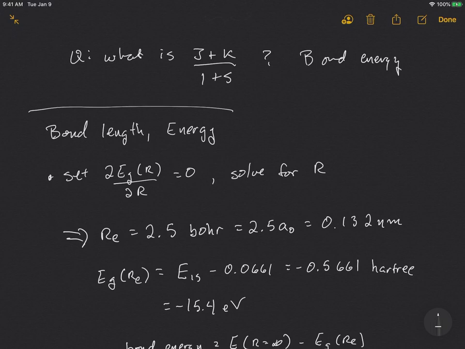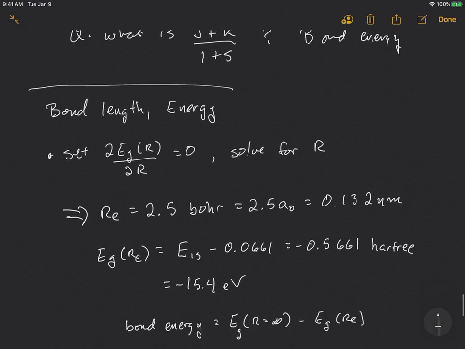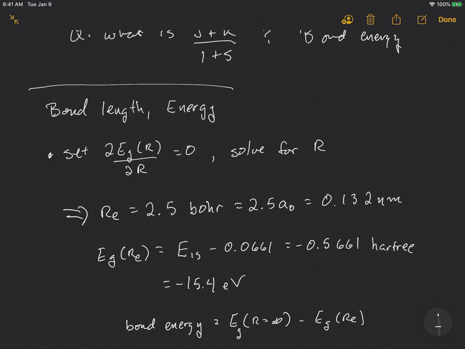E1s would be minus 1/2 Hartree. And so our total energy is minus 0.5661 Hartree, or minus 15.4 electron volts. That's the amount of energy that would be required to remove an electron from this system.